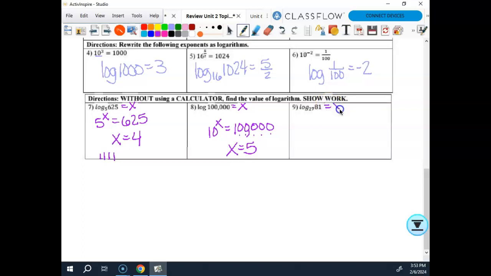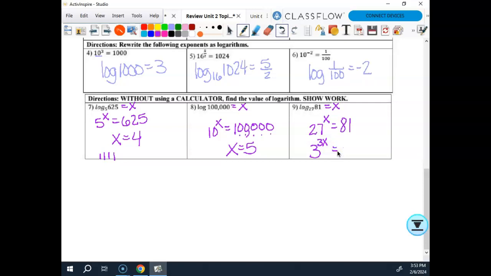That's okay. Equals x, so 27 to the x power equals 81. Well, that one's not quite as straightforward, but I can get the same base. So 27 to the x power, well, I know 9 times 3 is 27, but I can't split it into a 9 and 3, but I can make it 3 cubed. So that's 3 to the 3x power, right?